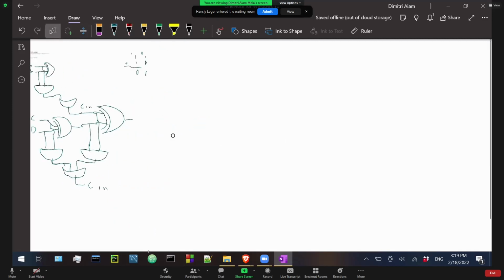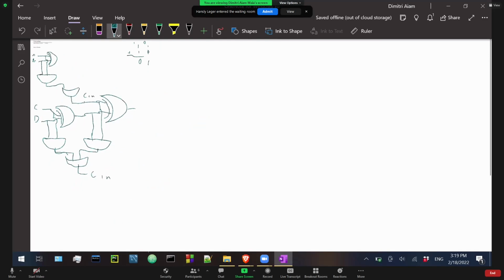Yep. So the output over here of the whole thing is going to be, let's say here we had 1 and then here we had 0. So the output of this circuit. And then we had 1 left over here. So this would be the leftover over here.